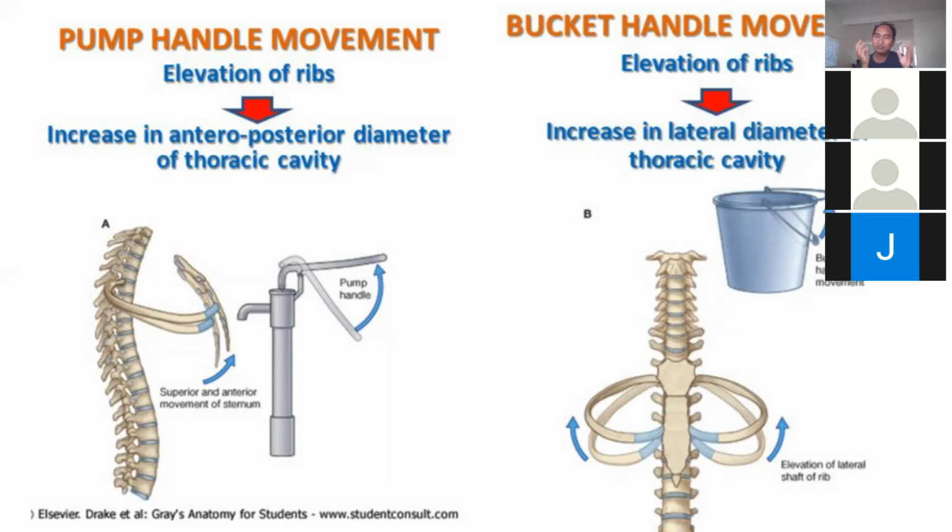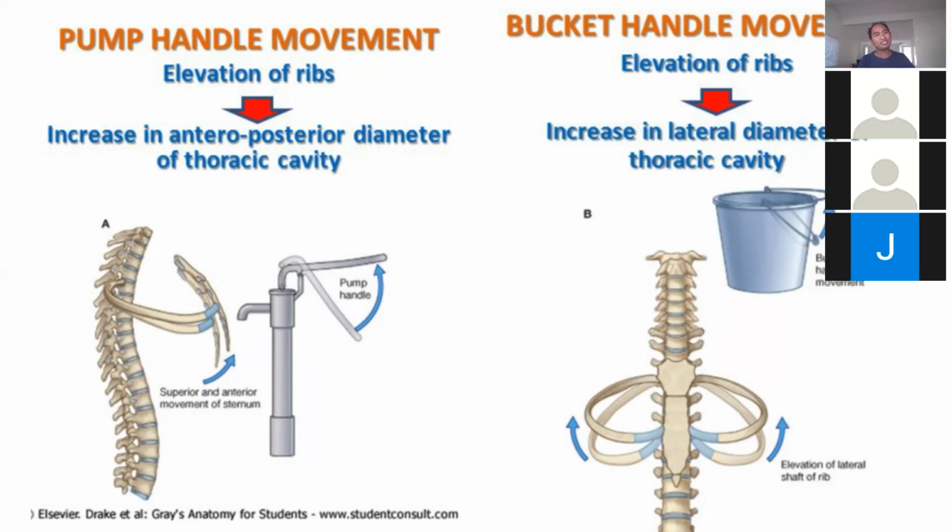So what does the internal intercostal muscle do? The internal intercostal muscle will support the external intercostal muscle. So that is inspiration, which is an active effort. We have to expand the thoracic cavity.